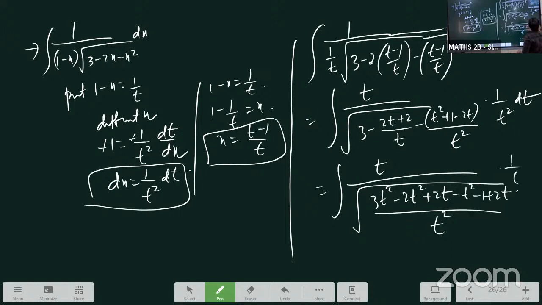Now same, 3t square minus 2t square minus t square, 3t square minus 3t square gets cancelled. Now what I will get again, 4t minus 1, and this t square comes outside the root and comes to numerator. Same approach again, only minus is the difference.